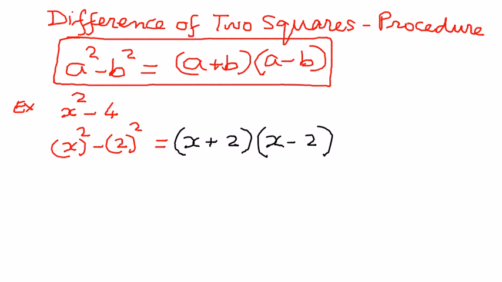You can also write it this way: x minus 2 times x plus 2. It doesn't matter, it means the same thing. So no matter which way you write it, one time you want to add the two base terms, and the second time you want to take the difference of the two base terms.